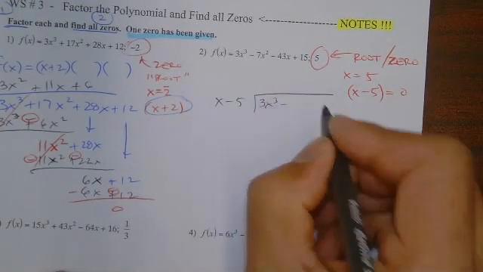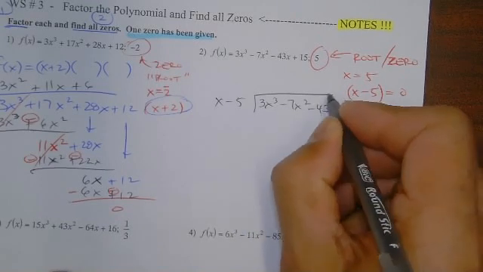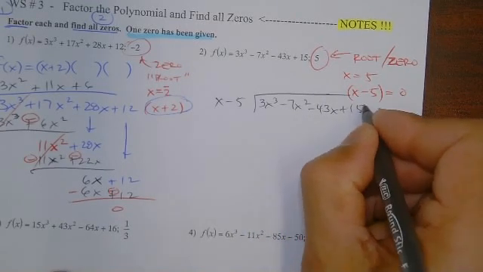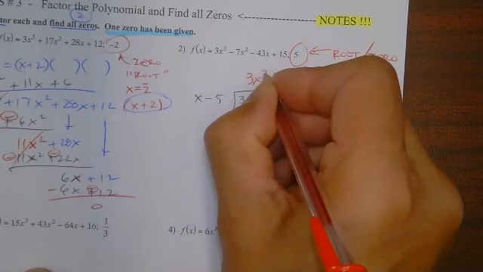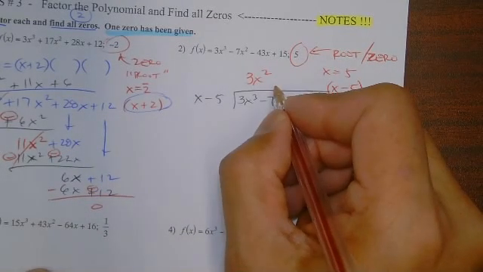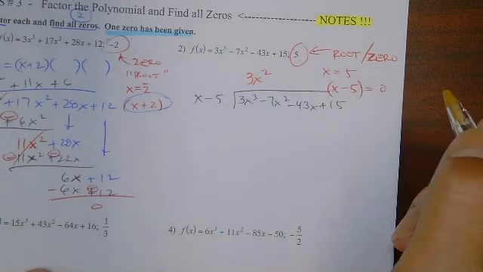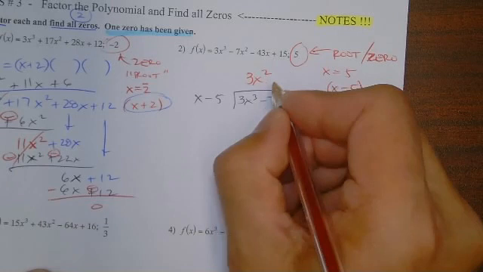Divide. Anybody got this one, the division already? What is it? Just to save time here. 3x squared. Did it give you remainder 0? Yeah.